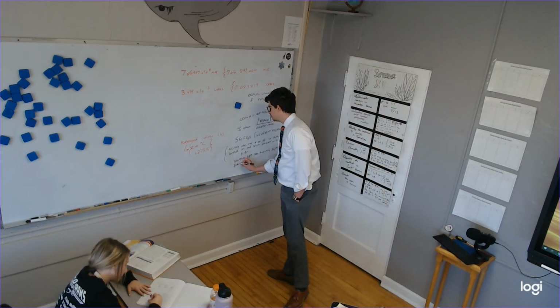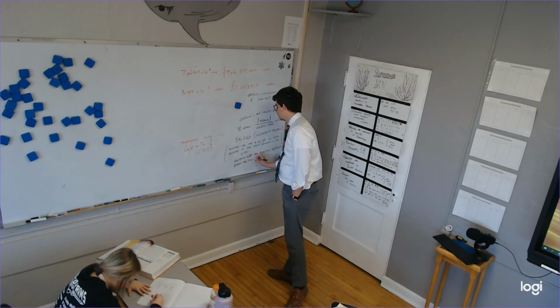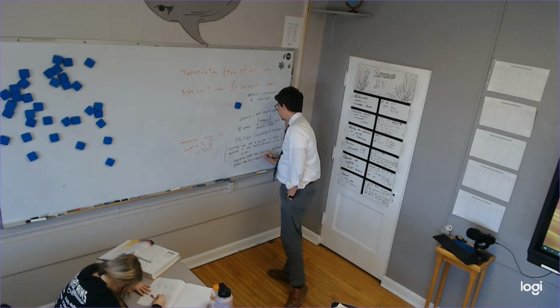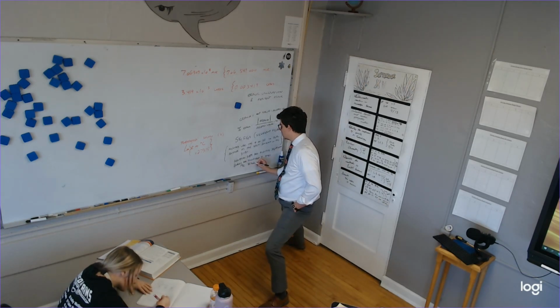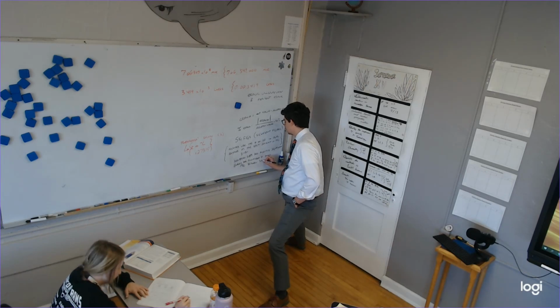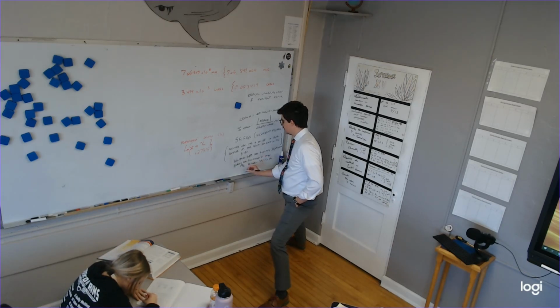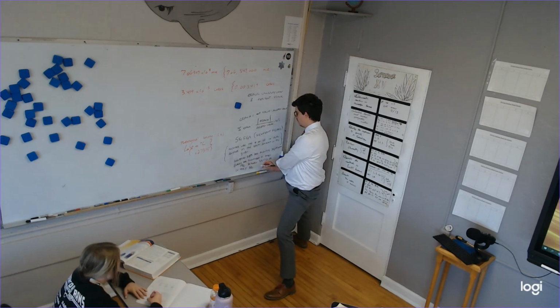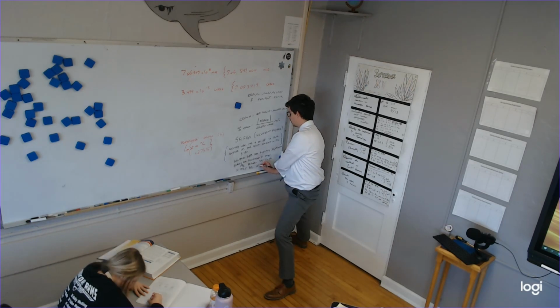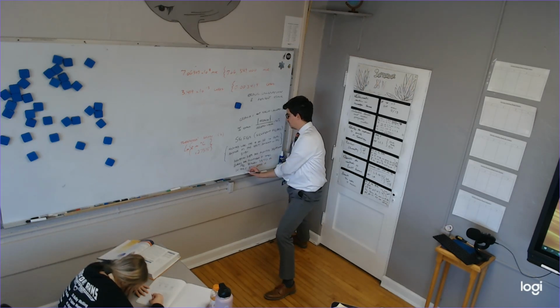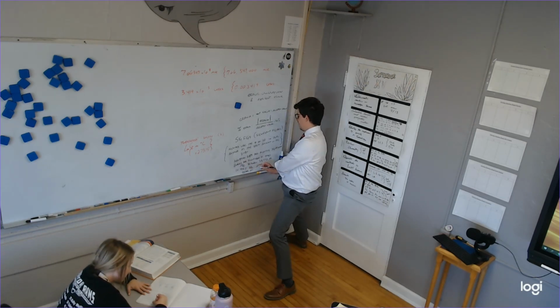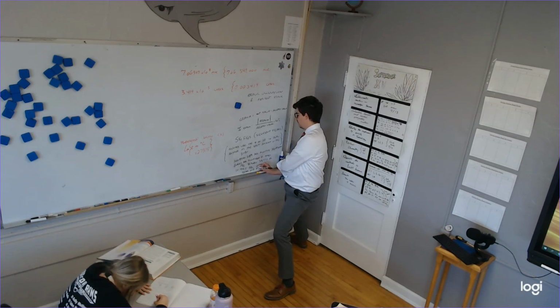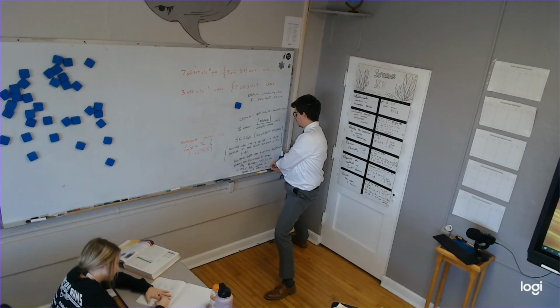Zeros are significant if they are between significant figures, or if they are after a decimal and after a sig fig. Sorry, that got kind of windy at the end.